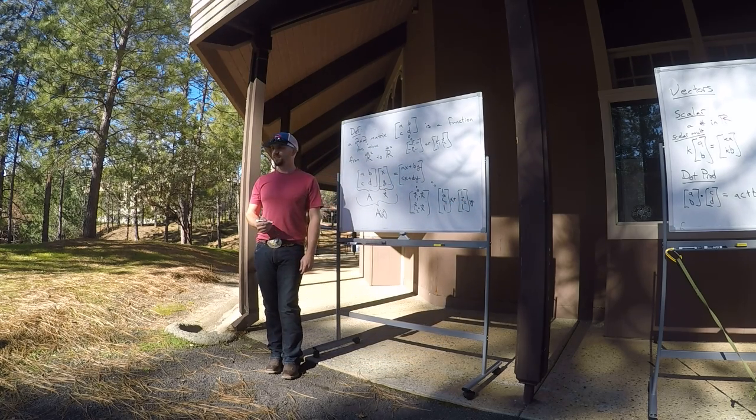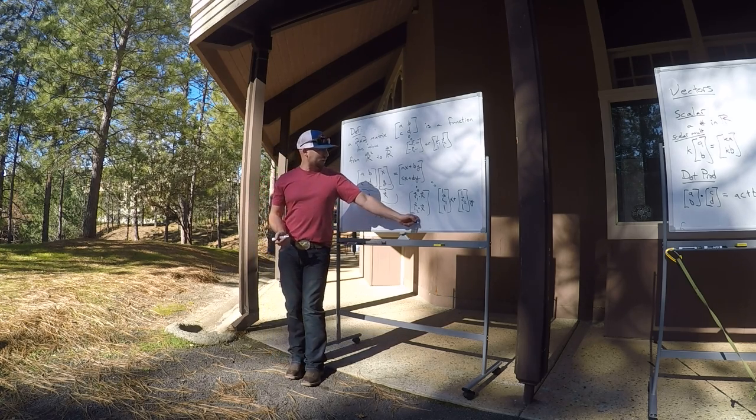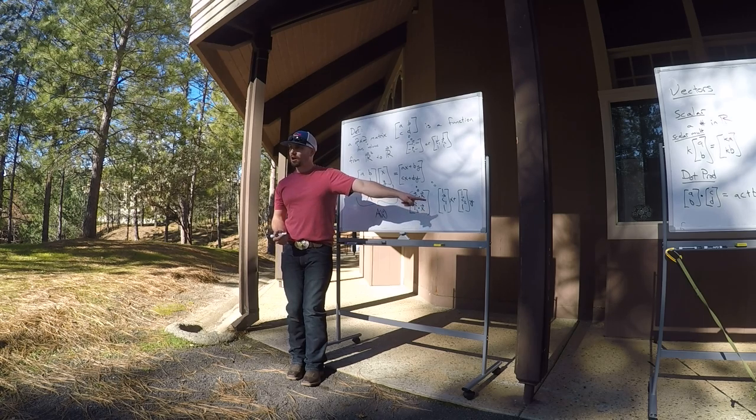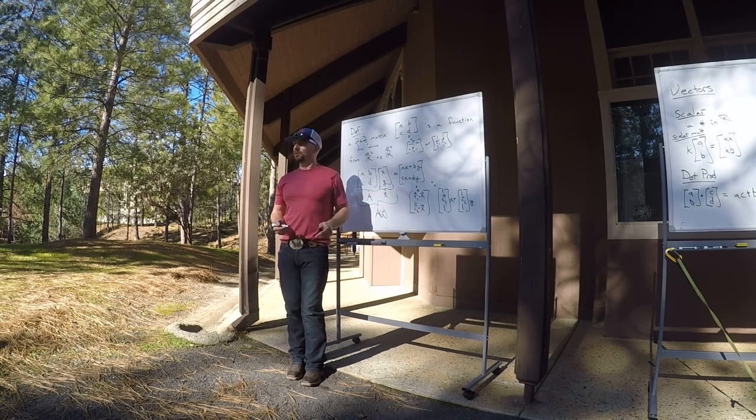You see that? Those are the same thing. This one we'll call the row multiplication picture. That one we'll call the column multiplication picture. We're going to have opportunity to use both of these throughout the semester.